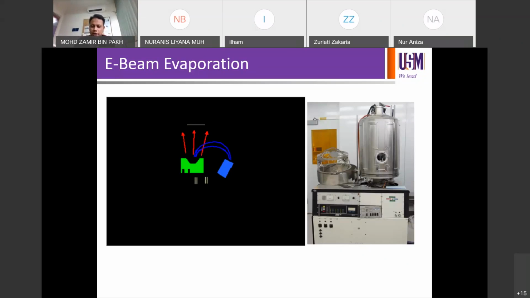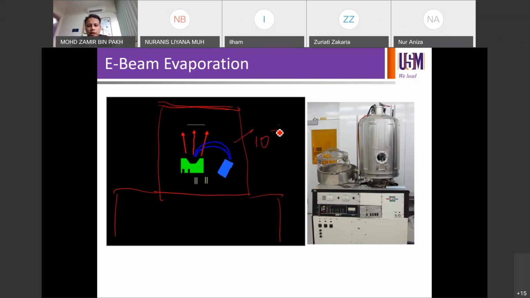Everything else is the same, the chamber and in fact the vacuum. I can't draw this. I thought it cannot. The chamber will be something like this as well, same as your evaporation system. Usually the e-beam pressure is slightly lower because of the condition that it needs to go through in order to do the evaporation process.